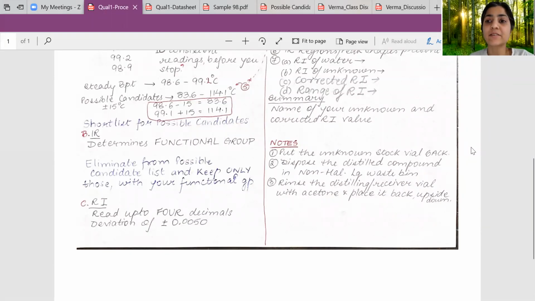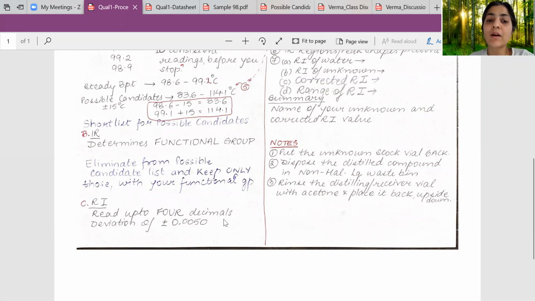The last factor to consider when you're figuring out your structure from given conditions is the refractive index, or RI. Always remember to read up to 4 decimal places when you're recording the RI value from the scale.